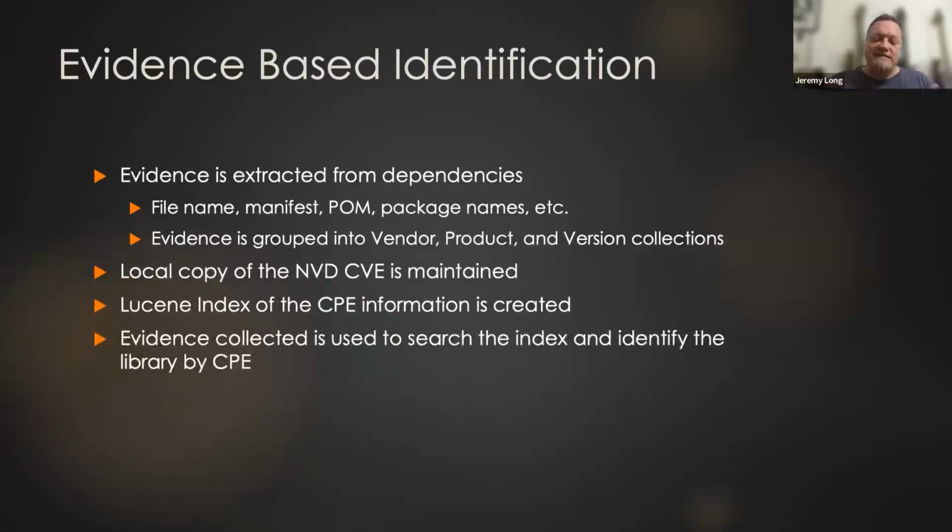We've added some additional analyzers and whatnot to kind of make that work under the hood. And this has actually worked out really, really pretty well. It's turned out to be a fairly good way of identifying the dependencies and matching things up.